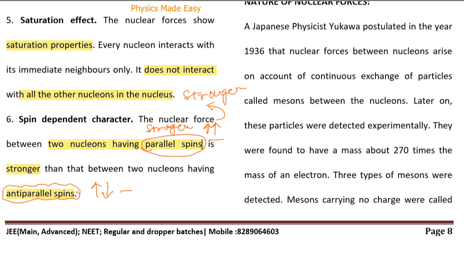In this case, we have got comparatively weaker forces. They are weaker.